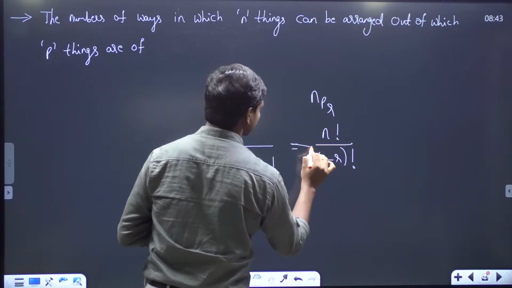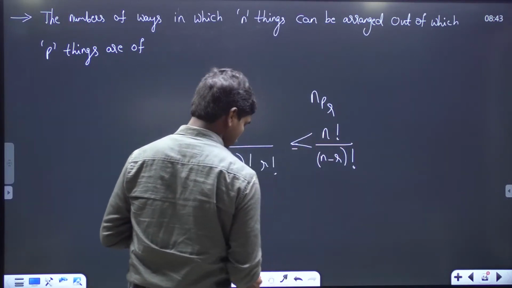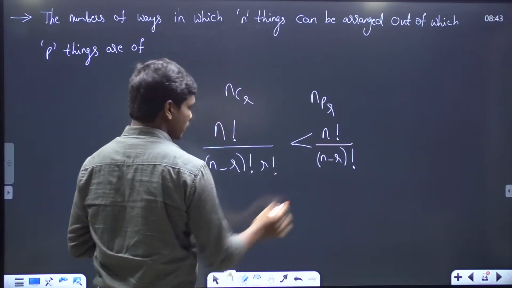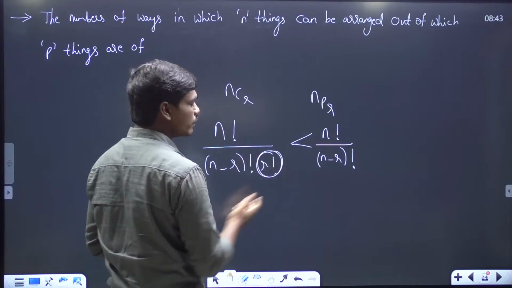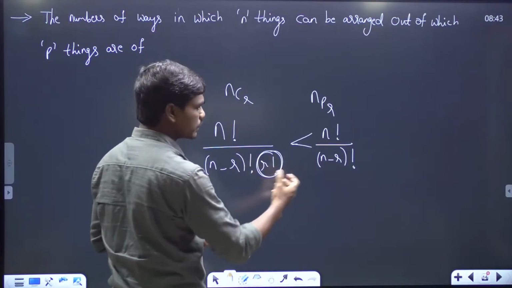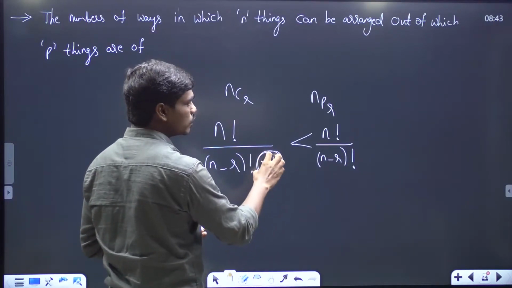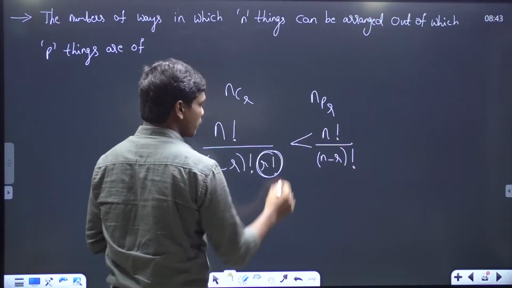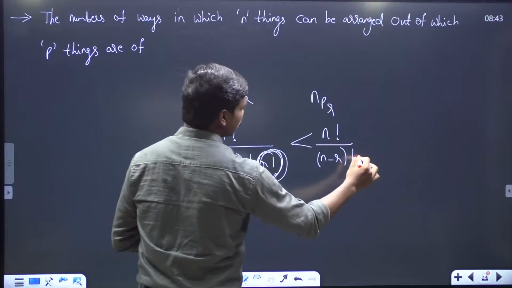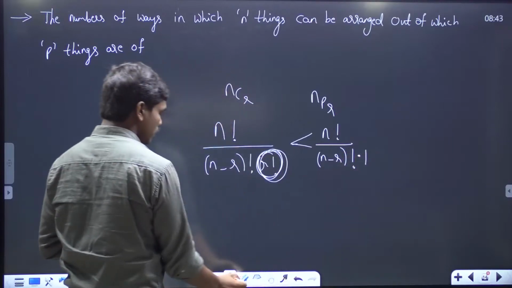So NCR is always less than NPR, because this R factorial has some positive value, and of course it is more than 1 when R is like 2, 3, 4 things. So if this is more, this whole value is less when compared to this.